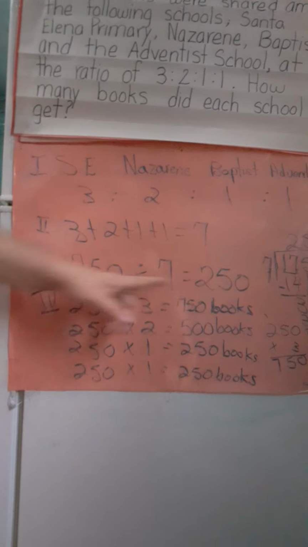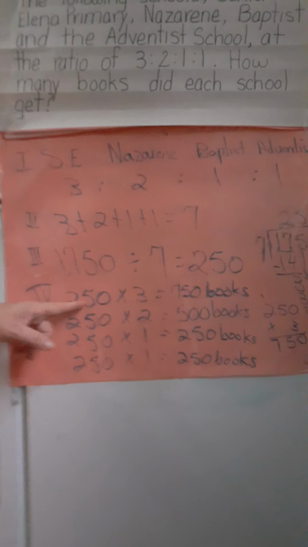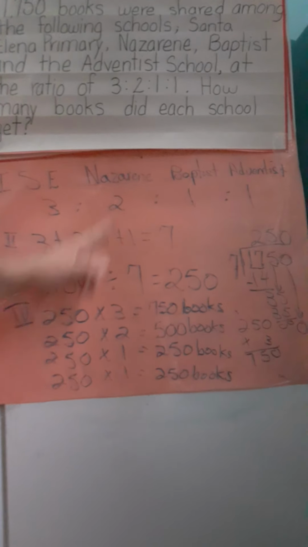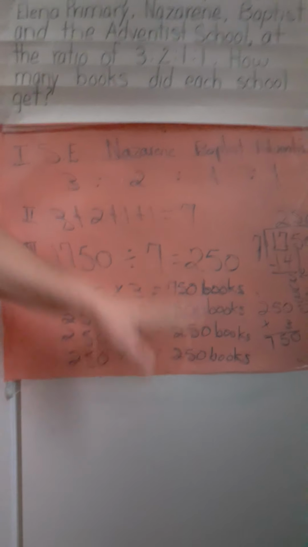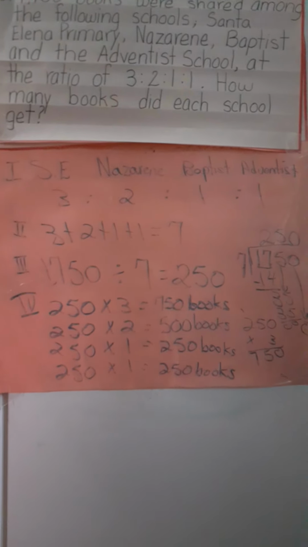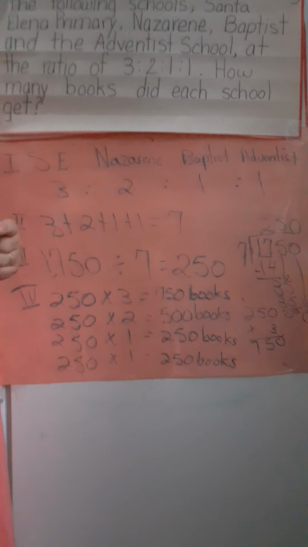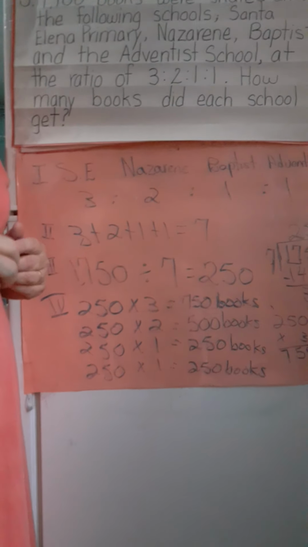Then, when you divide, which is your quotient, you are going to multiply your quotient by each of the numbers in your ratio. And that should give you how much each school got. Okay? Do you understand? Very good if you understood.